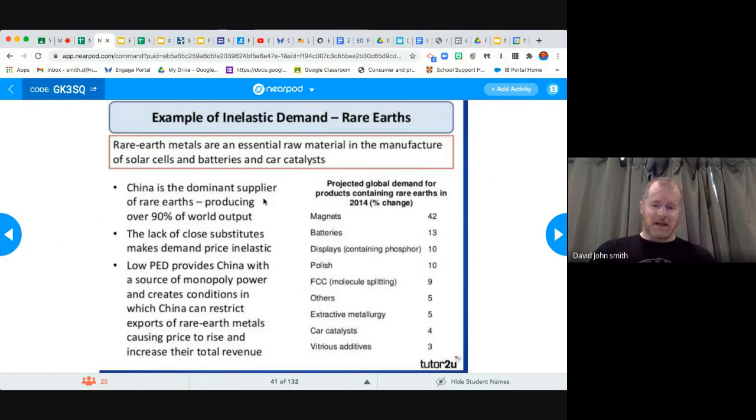And if I'm not mistaken, I can't remember how old this slide is, relatively recently I believe China has attempted to buy up all of the supply from the other country, so that China is the 100% supplier of all of the rare earth metals. They're used in pretty much everything, because everything's got magnets and batteries and displays, if it's technology based these days.